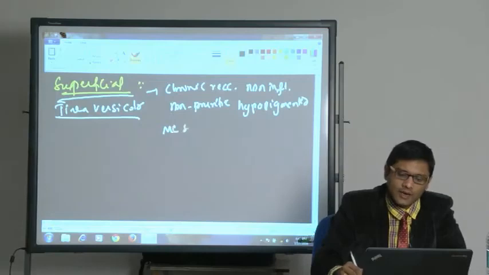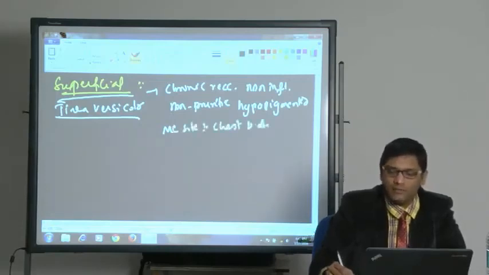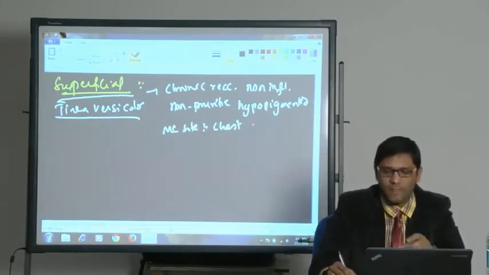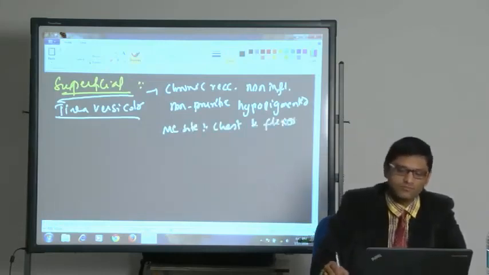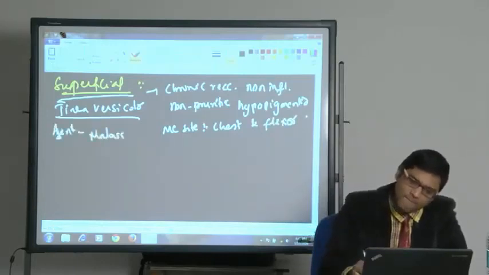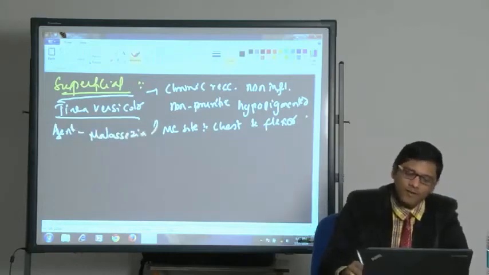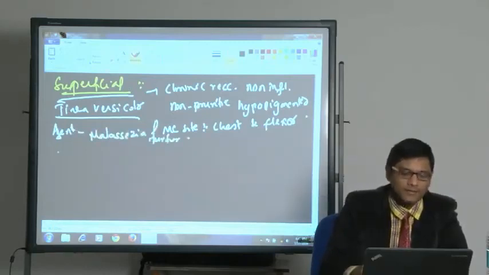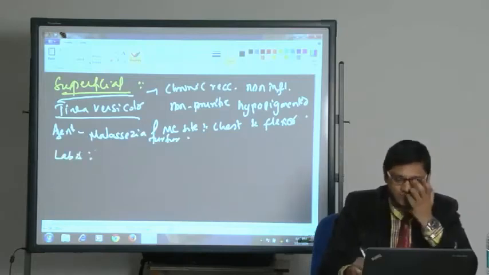Most common site is the anterior surface, like the chest and the flexor surface of the body. Okay, the agent is Malassezia furfur.